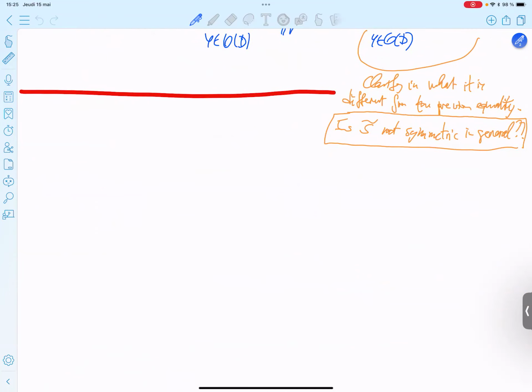Okay, so an example of centralizer in the pointed case. Example 3.3.